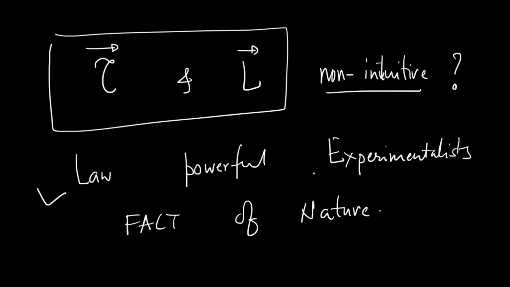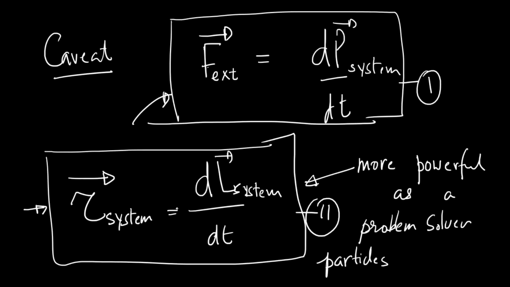Also implicit in the statement of the law is that you're calculating torque with respect to an inertial coordinate system. You're calculating L with respect to an inertial coordinate system, and you're using the same coordinate system for the LHS computation and for the RHS computation.